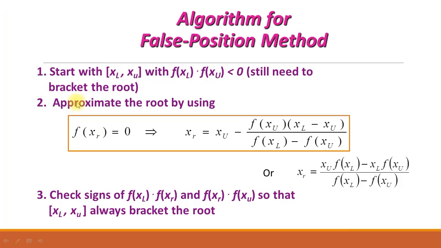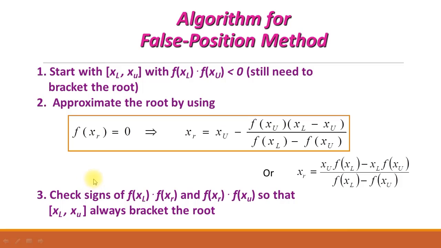Then at the second step, approximate the root by using this formula. This is like a secant formula, and it can be written as xr is equal to xu f of xl minus xl f of xu divided by f of xl minus f of xu.